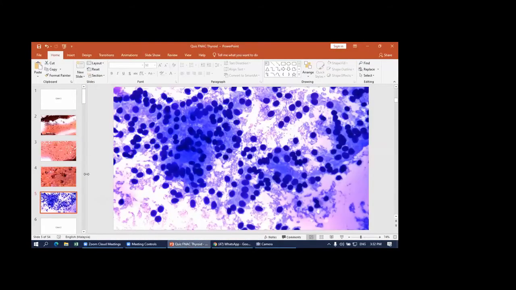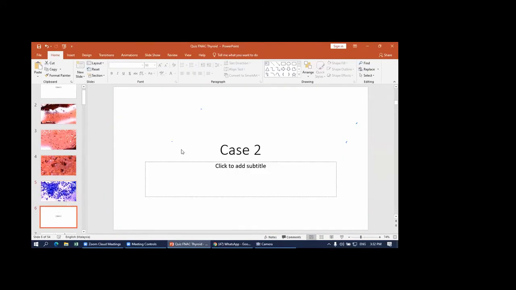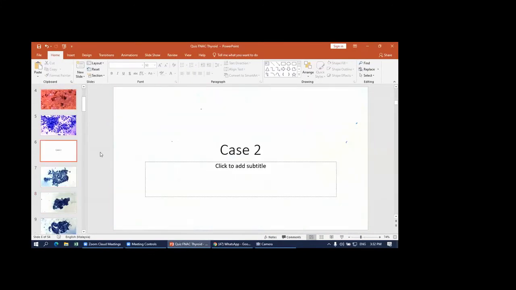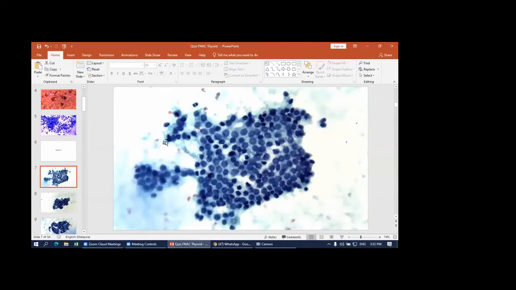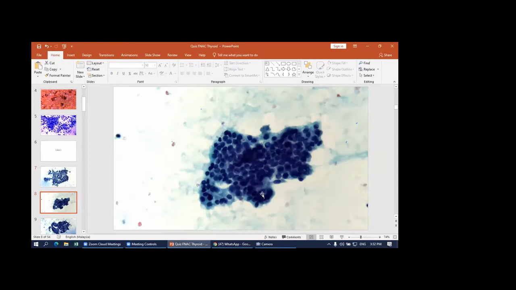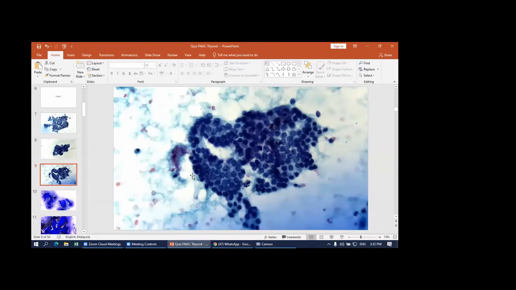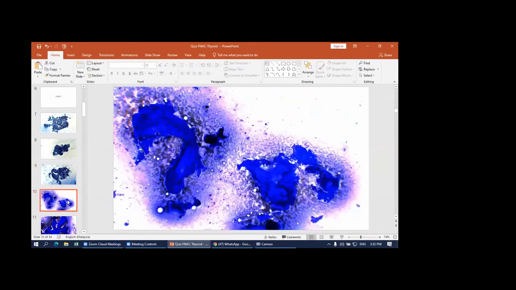Let's recap. Case number 2. You can actually see the fragments. You can see the nuclear feature, right? The nuclear feature is there. Cellularity wise, it is actually quite cellular, but it's dispersed in all slides. But the most cellular one is in the MGG.